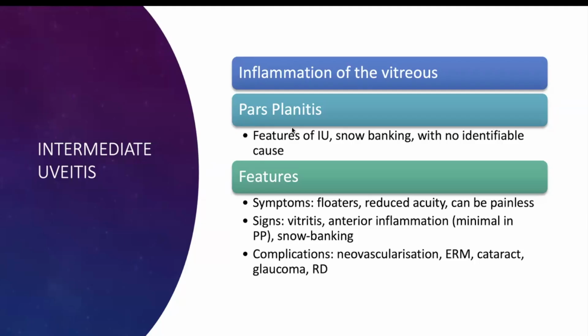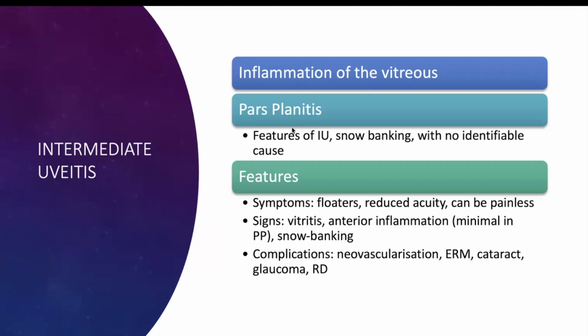Then, in terms of the signs, you'll see a vitritis. You might see some anterior inflammation, but with pars planitis it's typically quite minimal. So in an idiopathic intermediate uveitis or pars planitis, you don't get a lot of anterior uveitis, whereas when it's in the context of a systemic disease or potentially an infection, you will get that anterior inflammation. You may also have a bit of snowbanking, or some snowballing, which you can see peripherally on the retina as well.